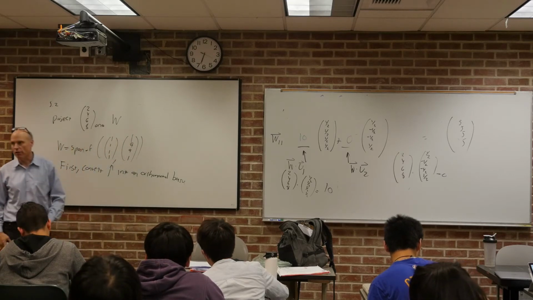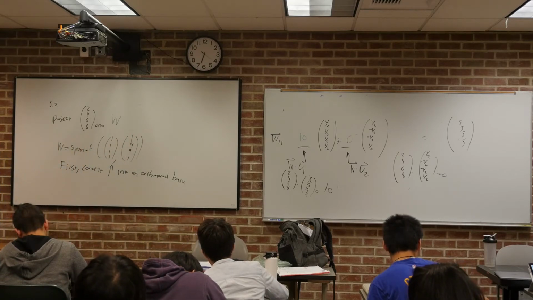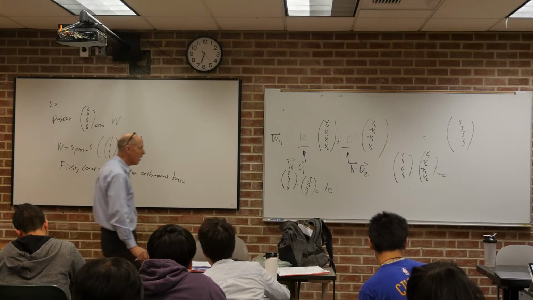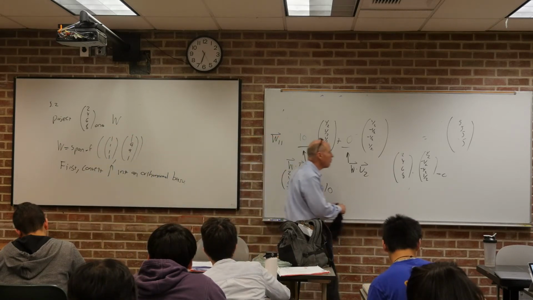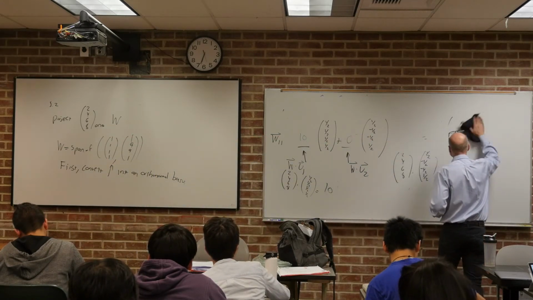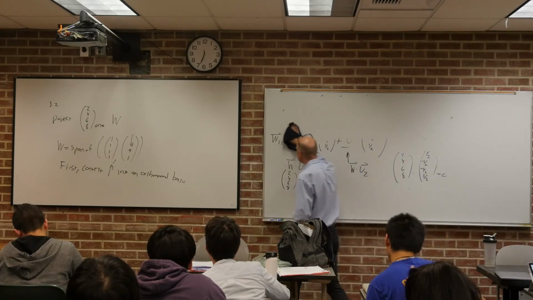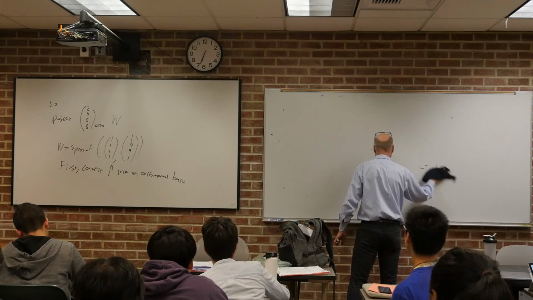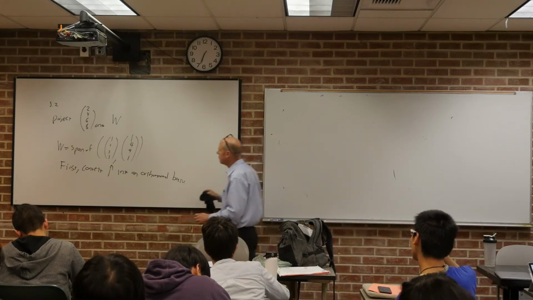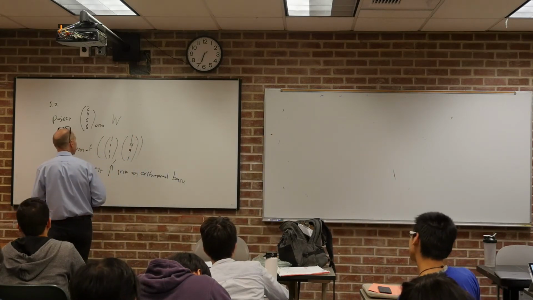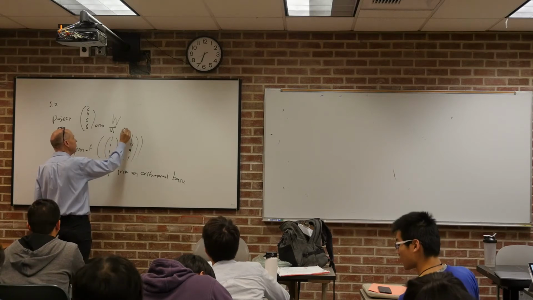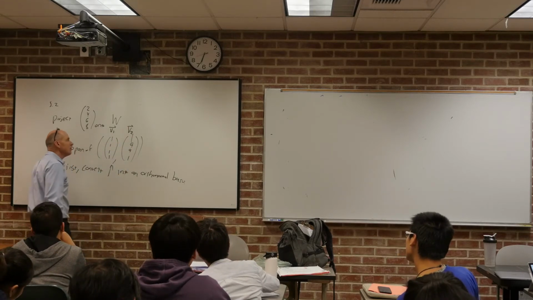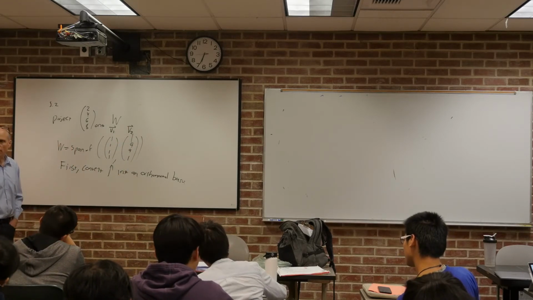Let me draw a picture of what I'm going to do. And then we'll actually go through the arithmetic. You give names to these. So there's V1, there's V2.